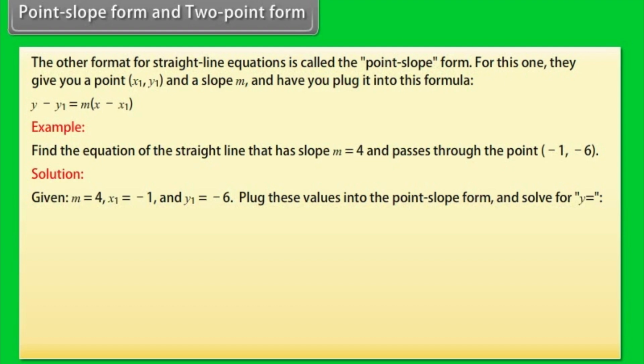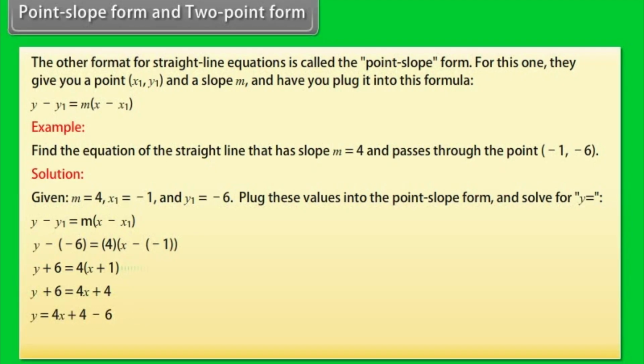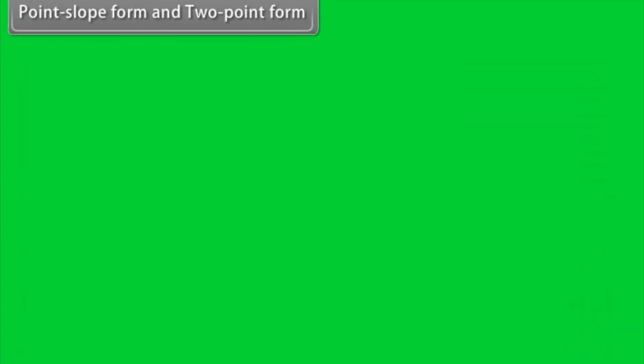Plug these values into the point slope form, y minus y1 is equal to m into (x minus x1). Substituting the values in the above equation and then solving for y, we get y is equal to 4x minus 2, which is the required equation.